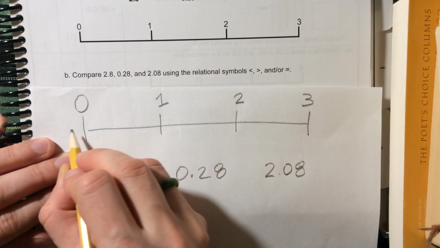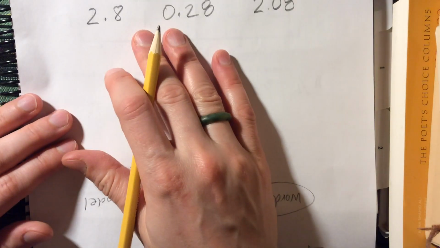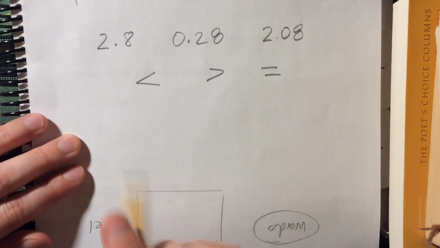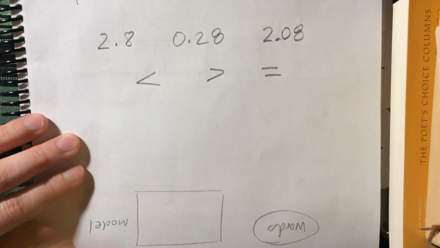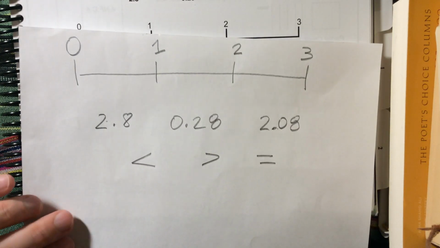You need to put them on this line. And then you need to use this, this, or this to compare. Which one is the biggest one? Which one is the smallest one?